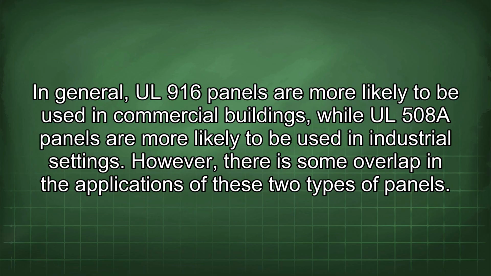In general, UL 916 panels are more likely to be used in commercial buildings, while UL 508 panels are more likely to be used in industrial settings. However, there is some overlap in the applications of these two types of panels.